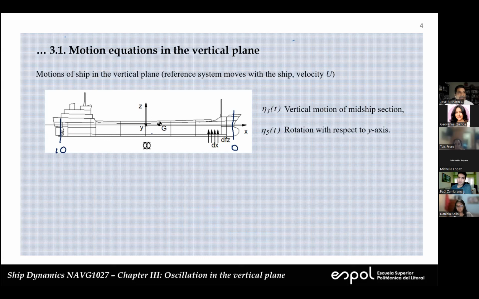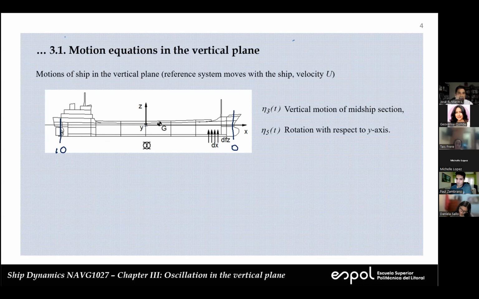Now, in every condition, the position of G is going to change, right? So if you have the origin there, it means station 10 moves. So I would have to prepare a different lines plan for every loading condition. That's just too much work.